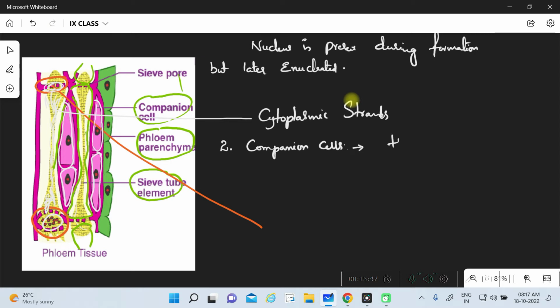They are very thin walled, and they lie at the sides of the sieve tube. As I said, the companion cells lie beside sieve tube cells.